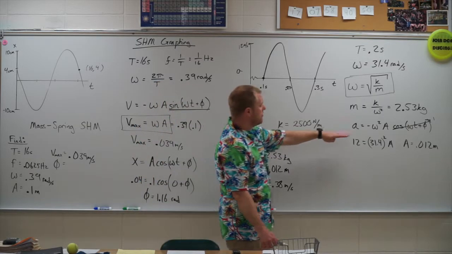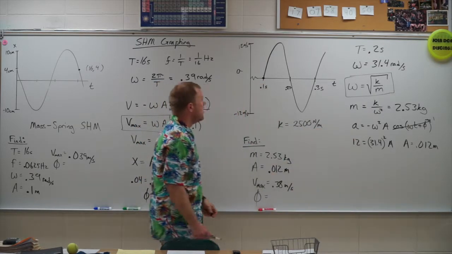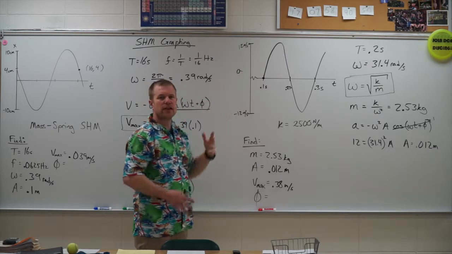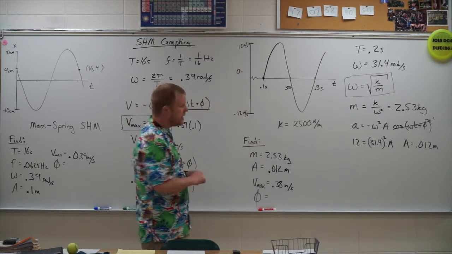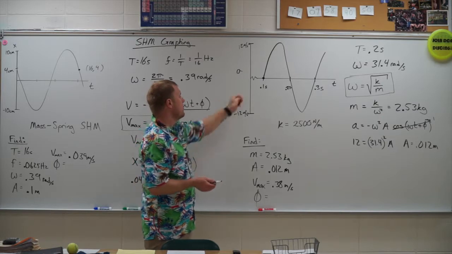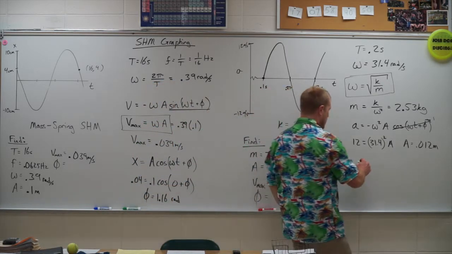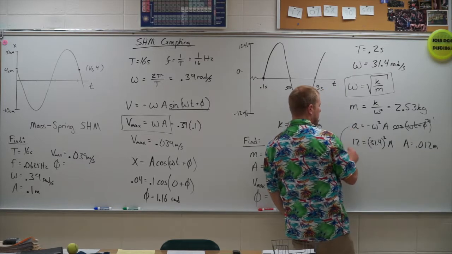Our last step is we need to find the phase shift. So we're going to pick a point that we know. Now you'll notice that this one does not cross the t equals 0 line, so we actually have to pick a point where we just know the value. For instance, I know the acceleration is 0 at 0.1 seconds. So I'm going to use that acceleration function.